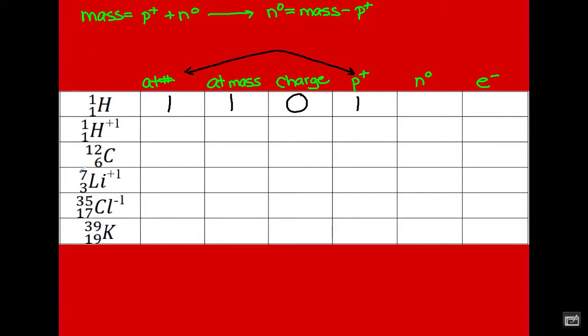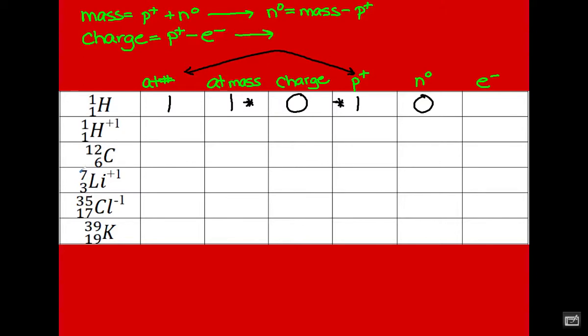So, if I look here, I've got my mass of 1, and my number of protons is 1, so 1 minus 1 gives me 0. That leaves me with my number of electrons. Electrons and protons are involved in charge. Charge equals the number of protons minus the number of electrons.